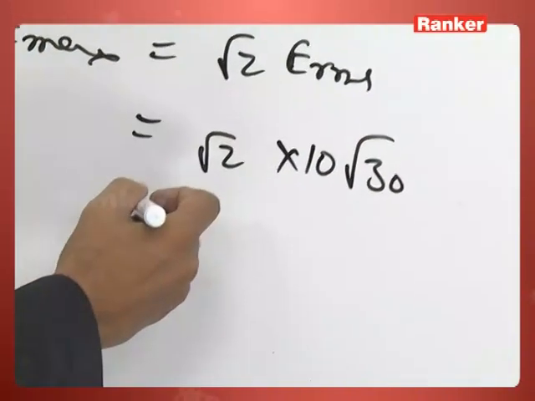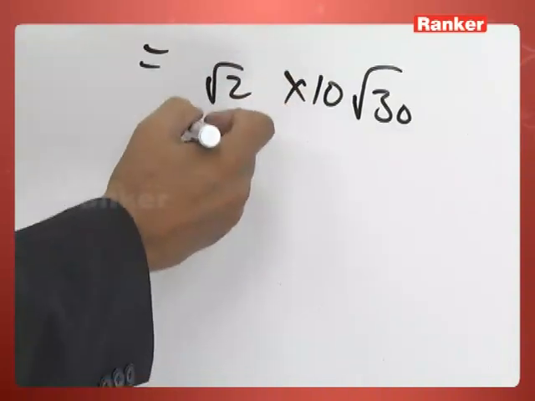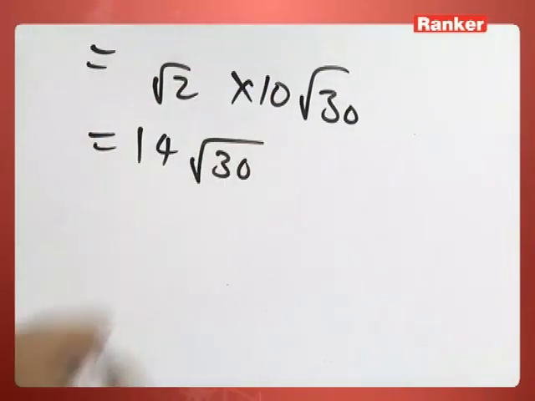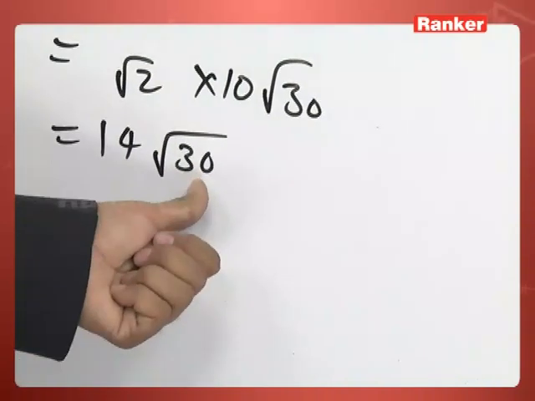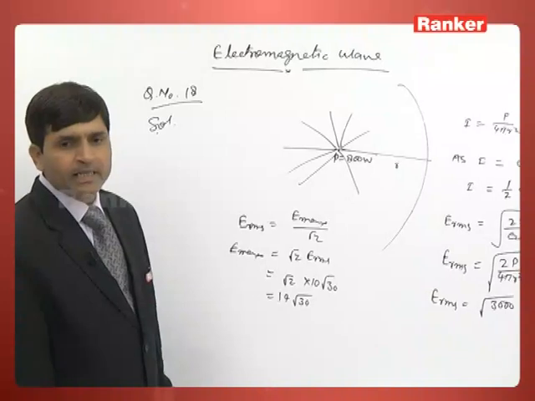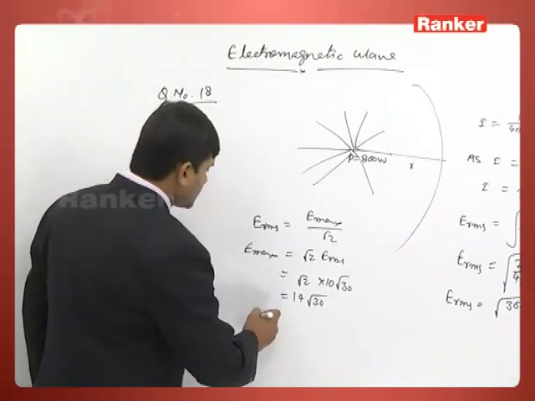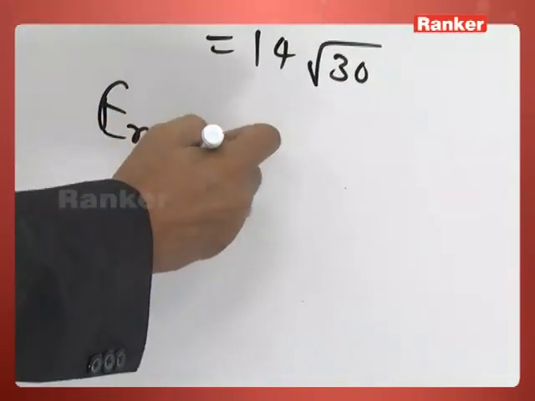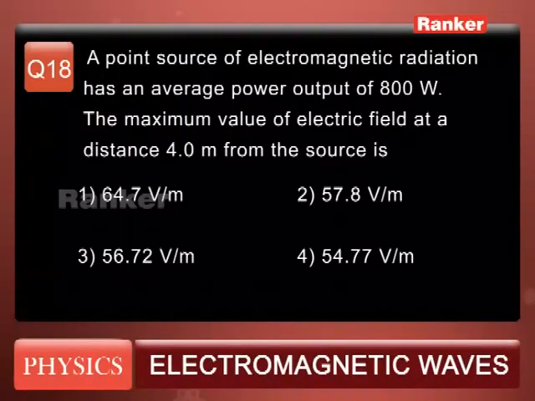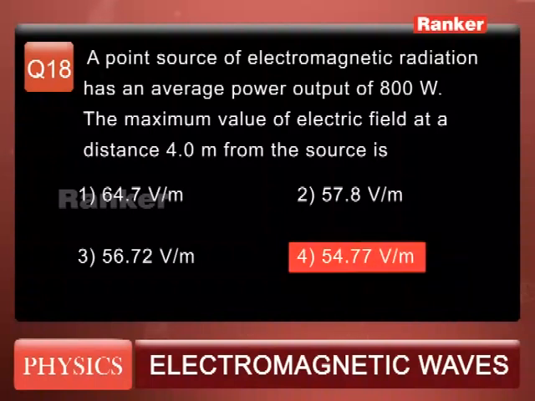And root 2 is around 1.4, this is 14 into root 30. And root 30 is approximately 5. So E maximum could be around, after solving, 54.77 volt per meter. So option number 4 is the correct answer.